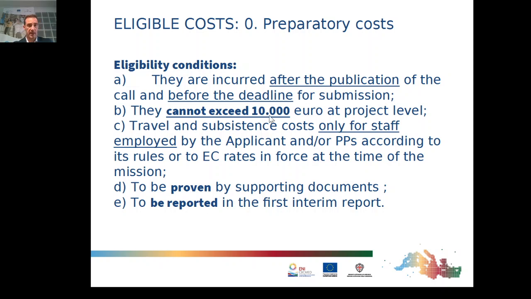They cannot exceed 10,000 euros and they are related only to travel and subsistence costs and only for the staff employed by the applicant and the partners. There is no way to report any other kind of costs under this cost category. They will have to be proven by supporting documents, and they will be reported during the first interim report.